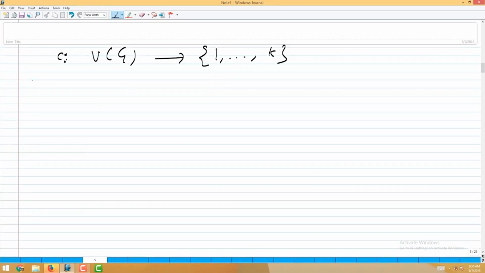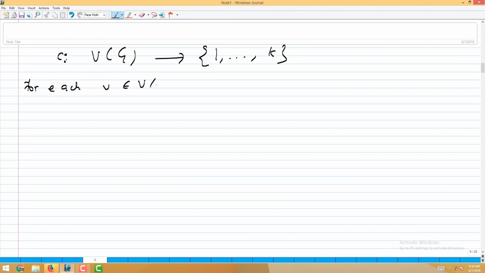Or in other words, you can look at it like this: you have the vertices of the graph v1 to vn. For each vertex, give it color 1 to k with uniform probability. That means you give it color 1 to k with probability exactly equal to 1 by k. So what is the experiment?